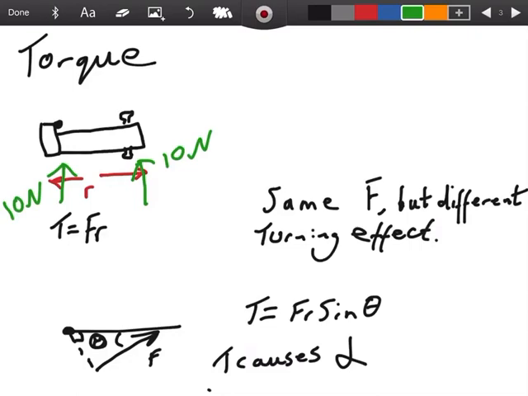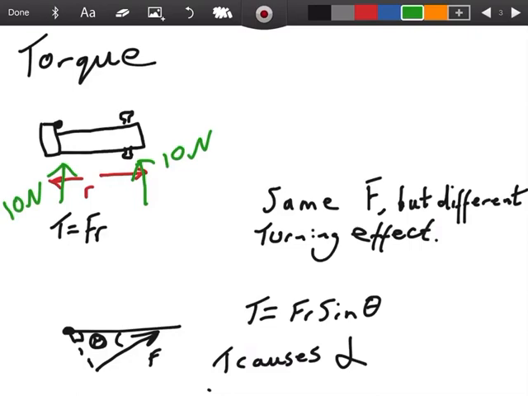It's the measure of the turning effect that a force has on an object. And at the bottom here is the formula for when a force is applied at an angle other than 90 degrees. That's not hard.